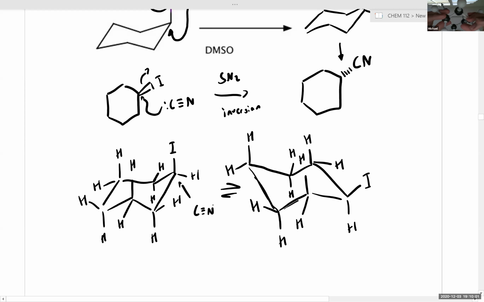Okay, now let's do a ring flip. Okay, and now we're in for a bit of an annoyance here. So here's the ring flipped structure.